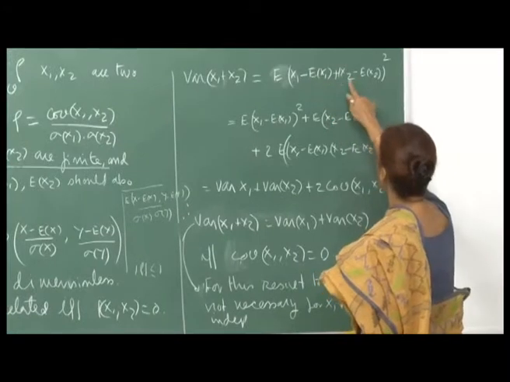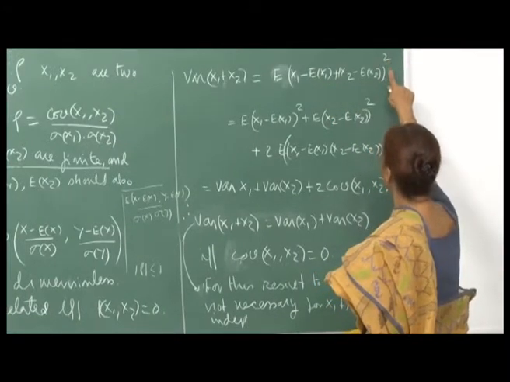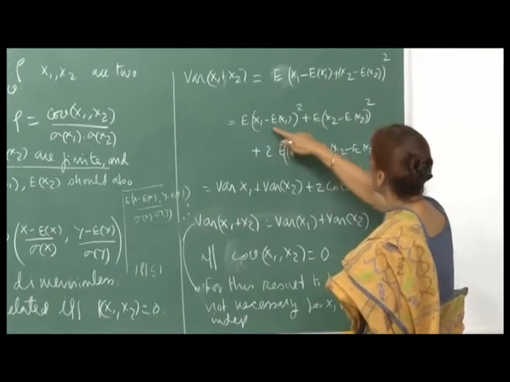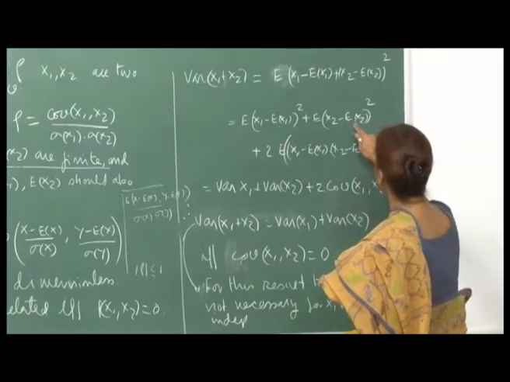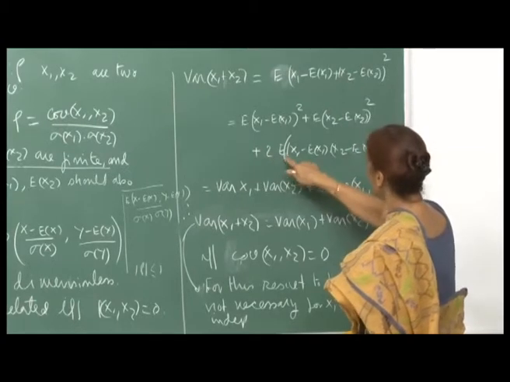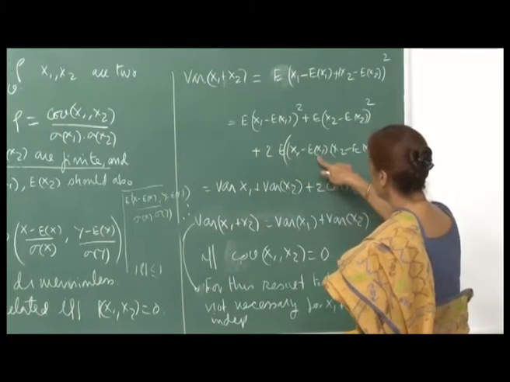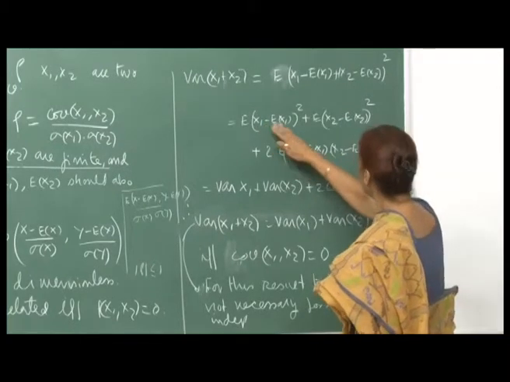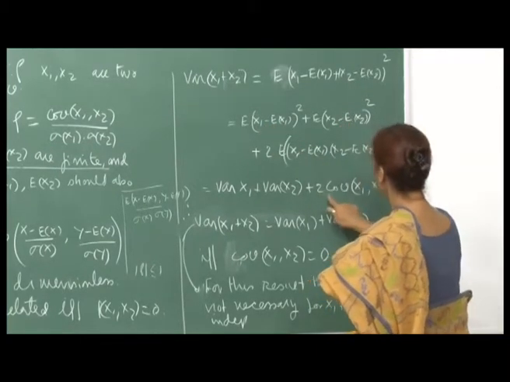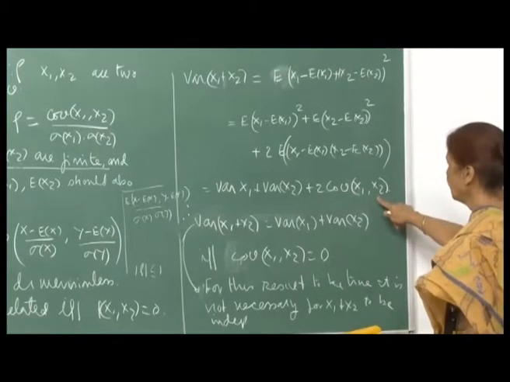E x 1 plus x 2 minus E x 2 whole square, right. And when you open up the square, it will be x 1 minus E x 1 whole square plus x 2 minus E x 2 whole square plus twice expectation of x 1 minus E x 1 into x 2 minus E x 2. So, this is variance x 1, this is variance x 2, and this is covariance x 1 x 2.